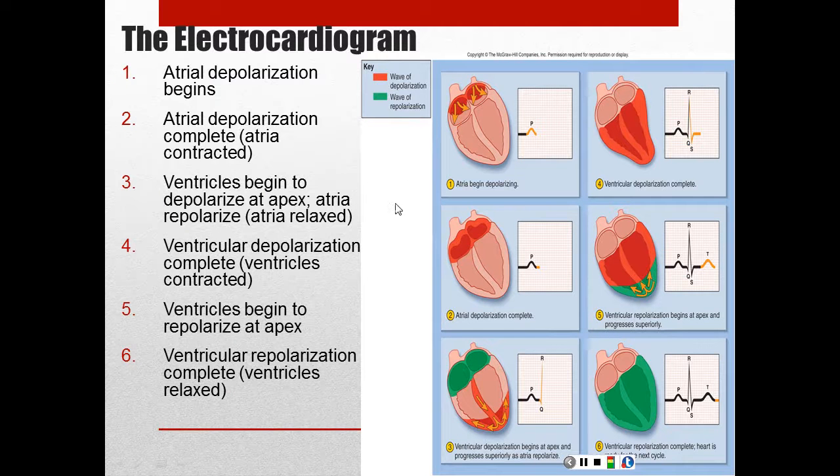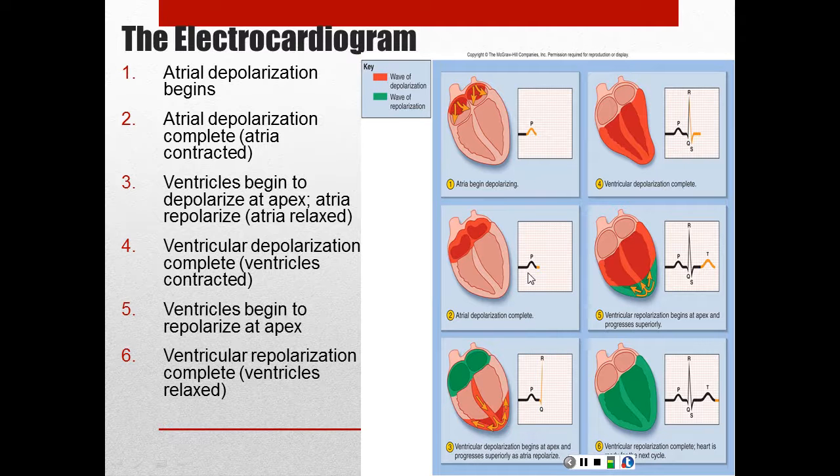So here we have another diagram dealing with what happens with the ventricles and the atria. So in figure 1, we have the atria beginning to depolarize. So we're looking at the yellow portion.